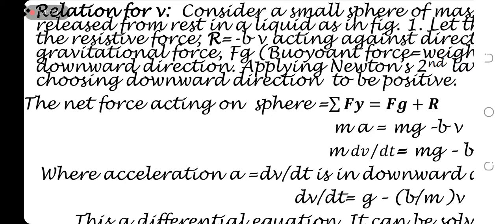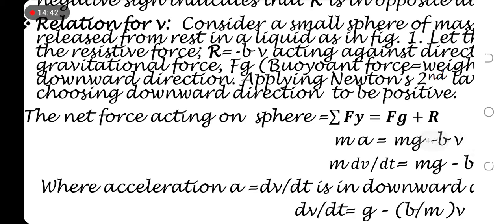Any quantity in the direction of velocity is positive, and in the opposite direction is negative. So here velocity is downward, so its direction is considered positive.